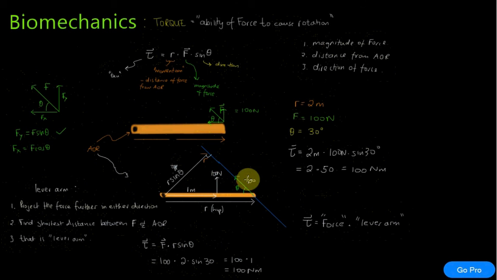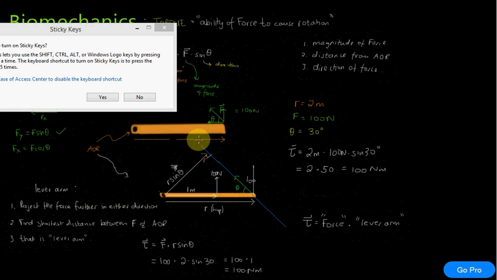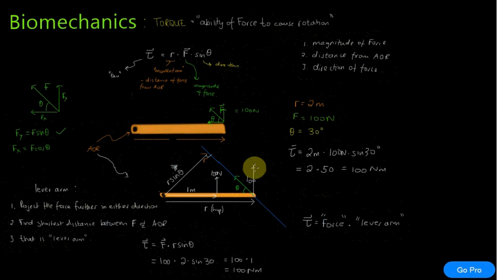So this is inefficient. How could I maximize this torque? I would have to change this angle, and instead of 30 degrees, make that same 100 newtons of force perpendicular. If I apply the 100 newtons 2 meters from the axis of rotation, then the torque would be 100 times 2 meters times sine of 90 degrees, since all of it is perpendicular, and that would give me 200 newton meters.